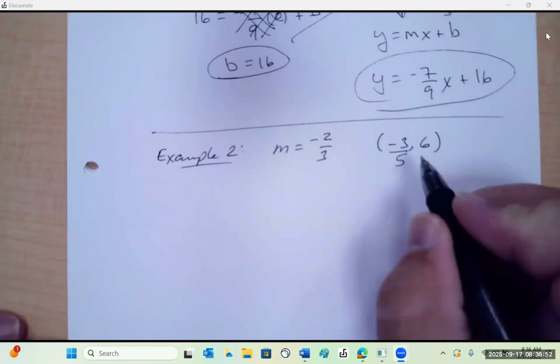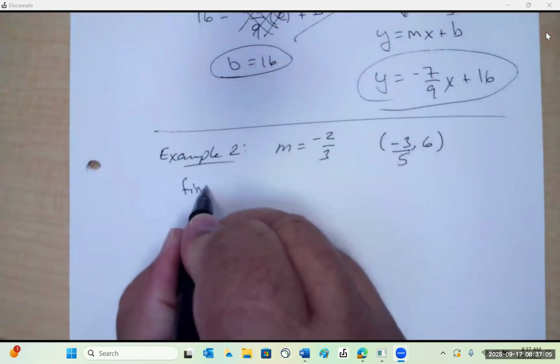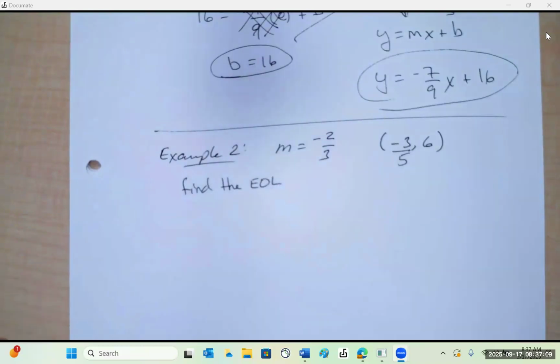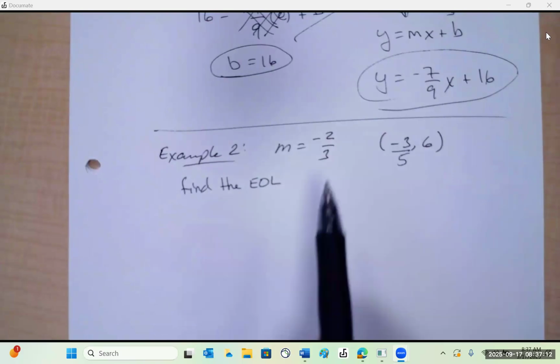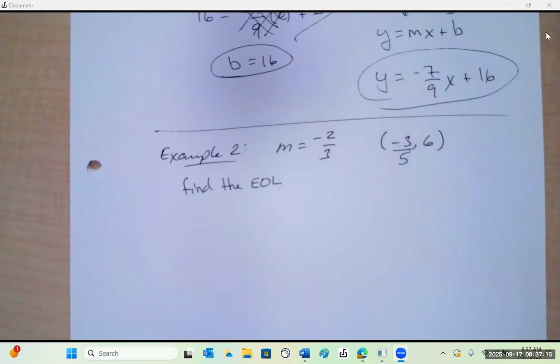Let's make it negative 3 over 5, 6. That's the point it goes through. Find the equation of the line that satisfies those conditions. You're looking for a line that has slope negative 2/3 going through that point.